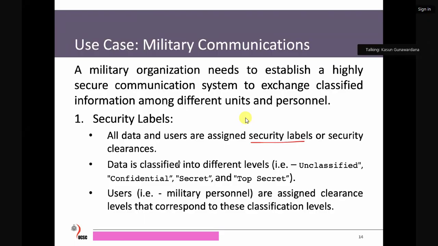There will be confidential data, unclassified data, secret data, and top secret data. So there is an order, a hierarchy of sensitivity. Similarly, users are assigned clearance levels that correspond to these classification levels. Each and every user will have a clearance level.